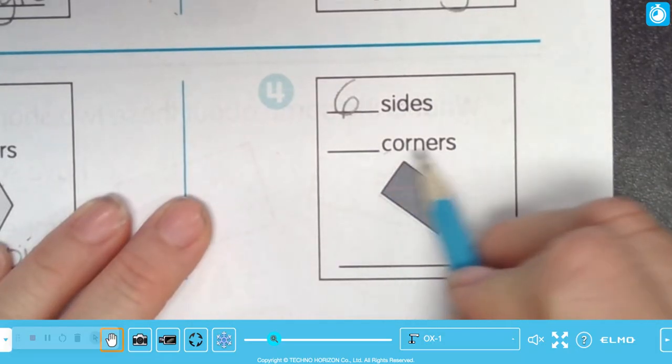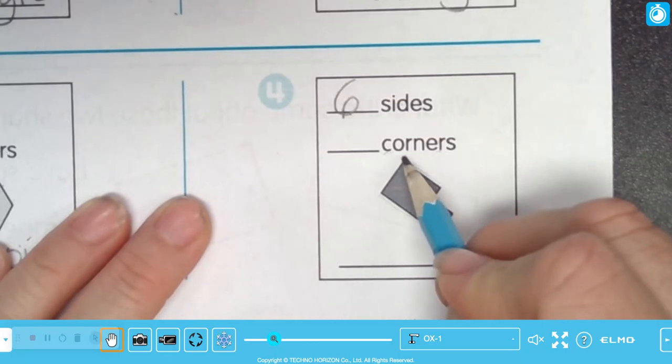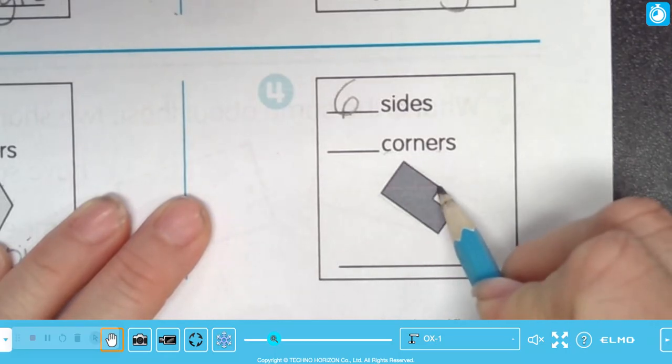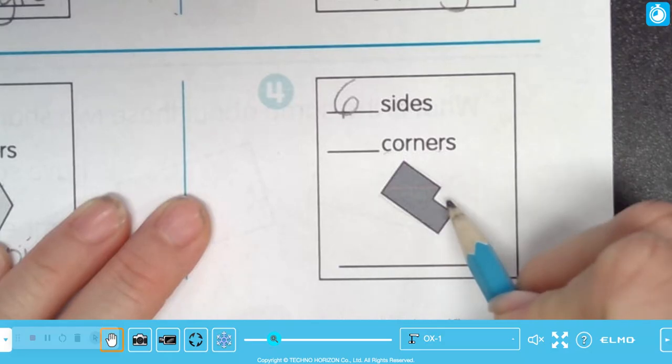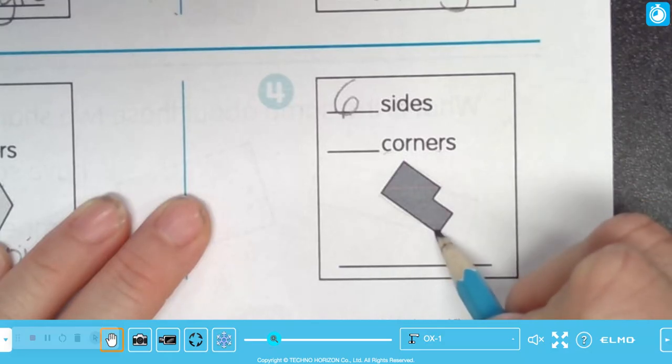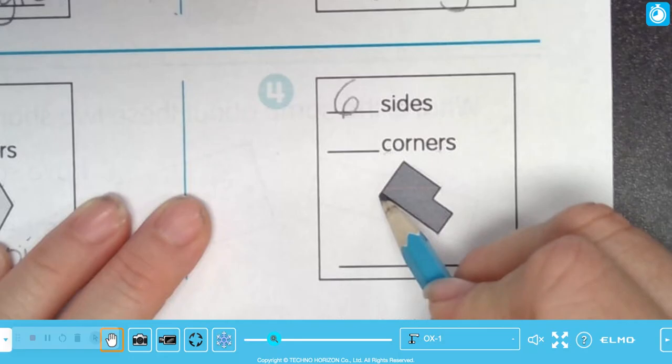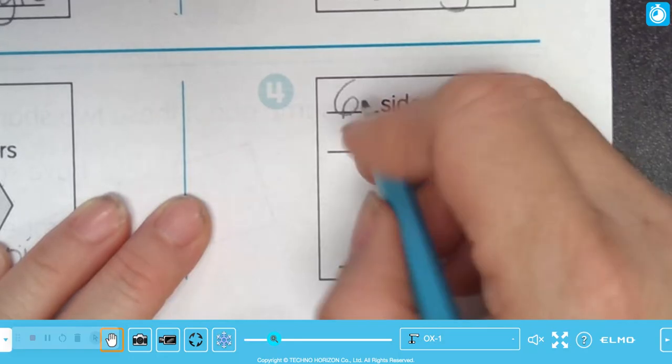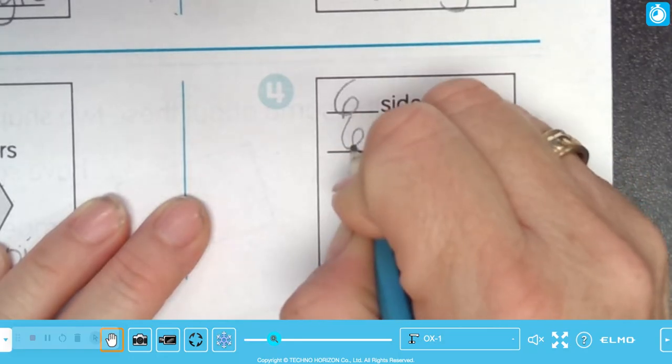Okay, now it says corners. So let's count the corners. 1, 2, 3, 4, 5, 6 corners. So let's write 6 corners here.